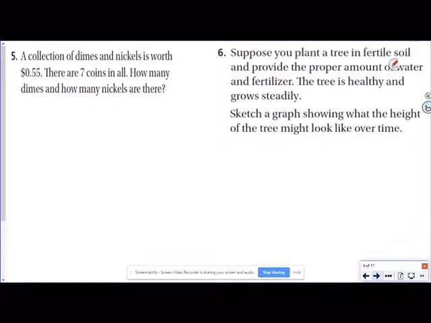Next, 5 is also a system of equations word problem. A collection of dimes and nickels is worth 55 cents. 7 coins in all. How many dimes and how many nickels? Let n be nickels. Again, use any variables you want. I'm showing you that you can change it up.